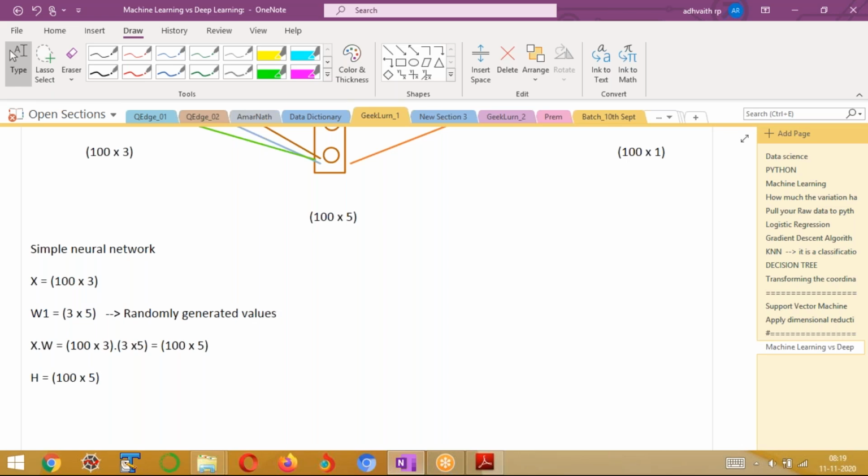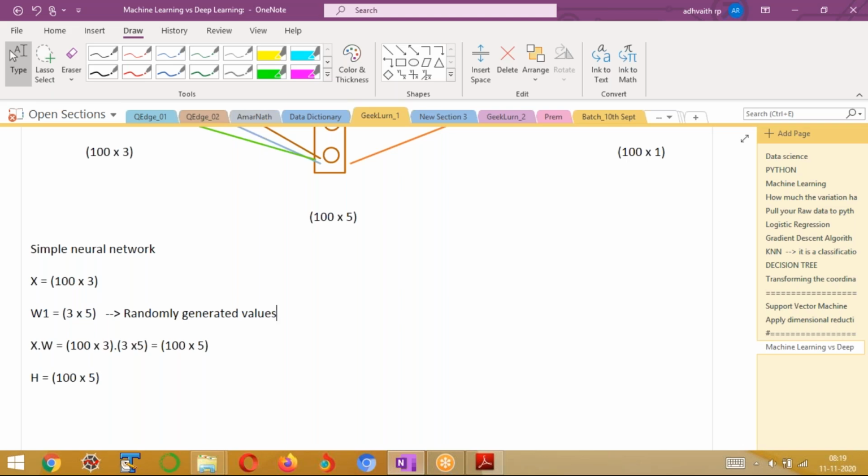Who will create them? Your package. Your Python will create such values. In fact, you can also give some values. If I do it manually, I will use random integer, which is available in our Python functions. Those will create random values.